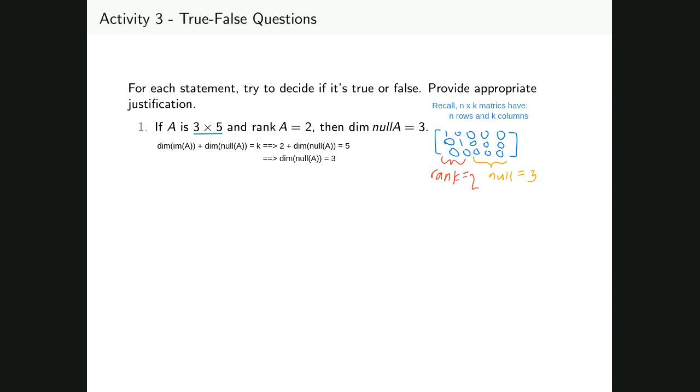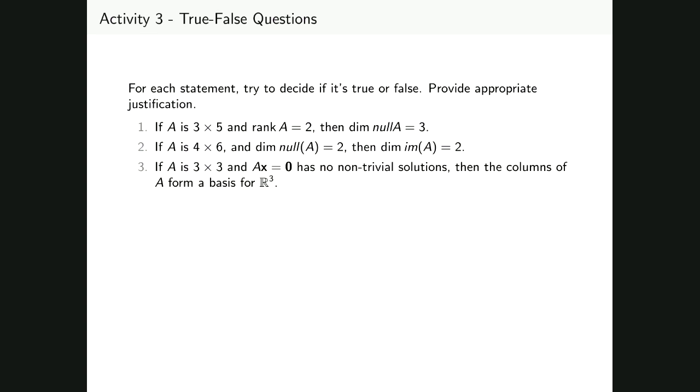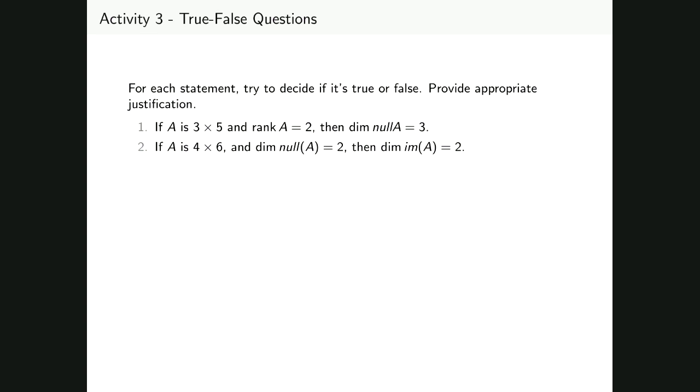Okay, so let's move on. We'll look at our next true-false question. Now we've got the same kind of thing. Let's look at this abstractly. So we'll say the dimension of the image of A plus the dimension of the null space of A has to add up to 6.